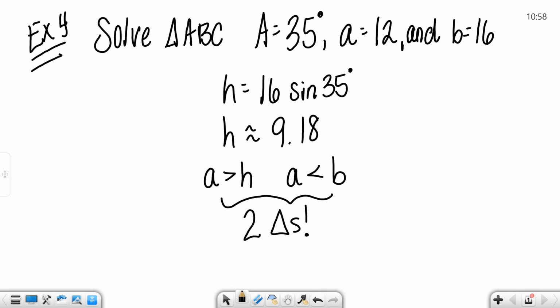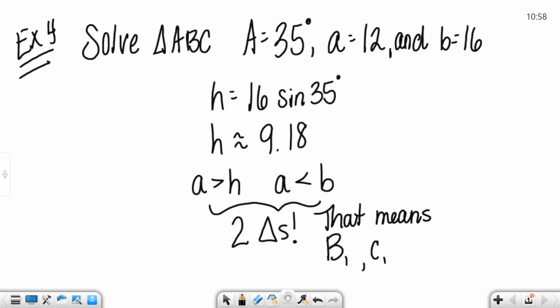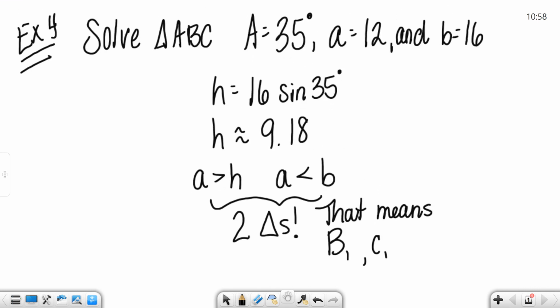Uh-oh. That means for the remaining information, we are going to find angle B and little c, to go with the information that's already here.